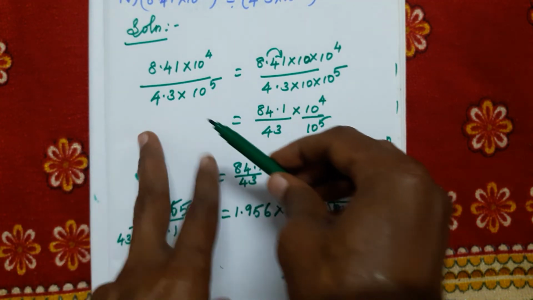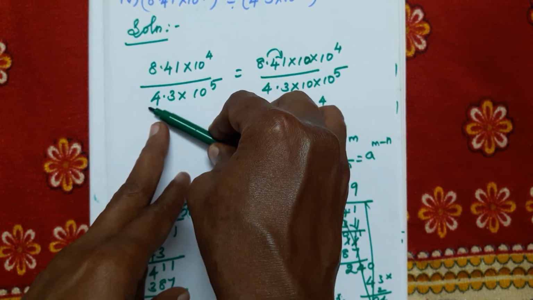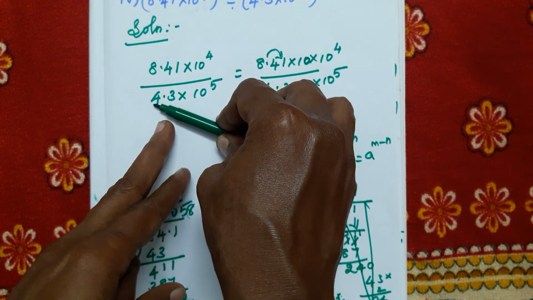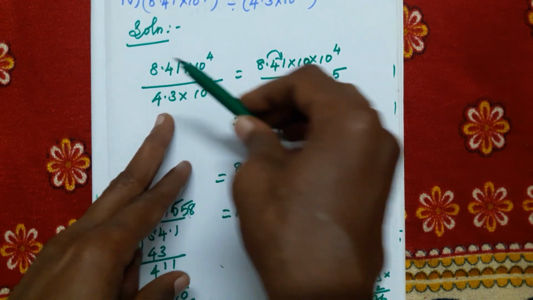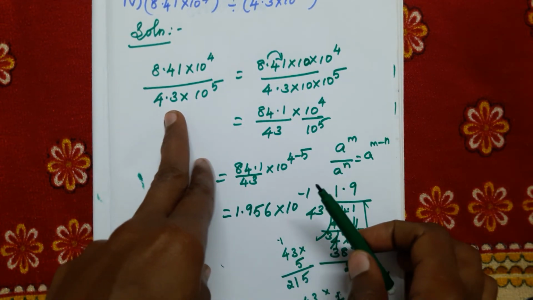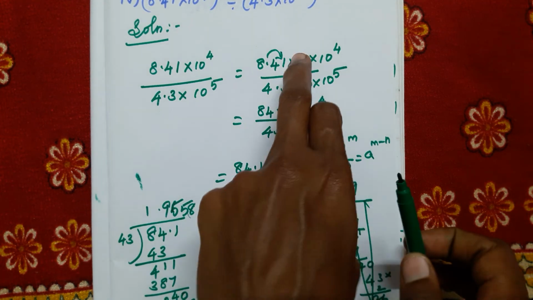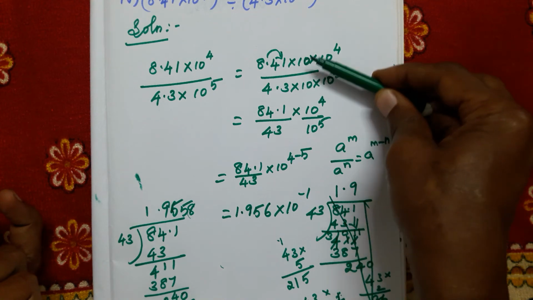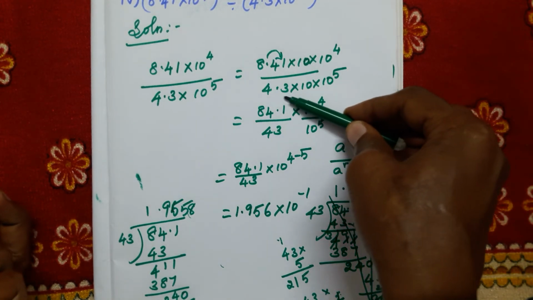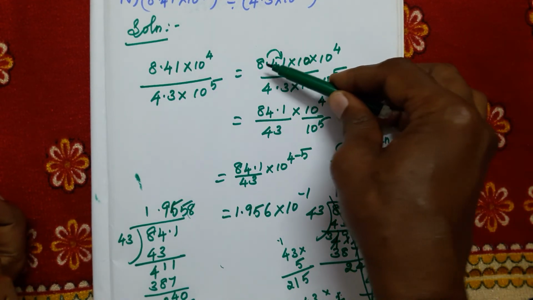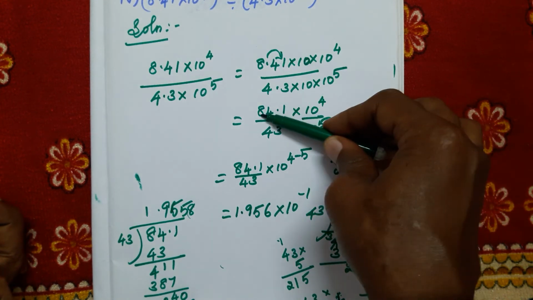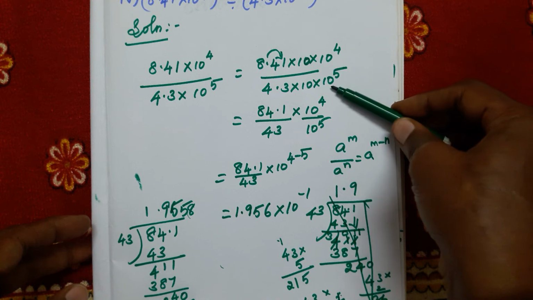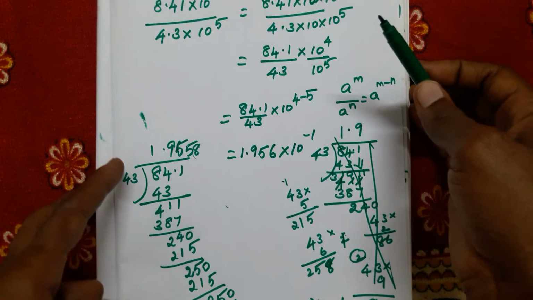So convert this decimal number into a rational number, an integer. So we multiply the numerator and denominator by 10. 4.3 into 10, 43 will be got. 8.41 into 10, 84.1 will be got, into 10 power 4 by 10 power 5.